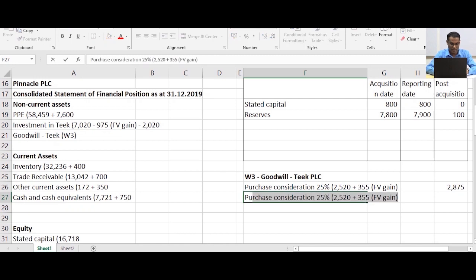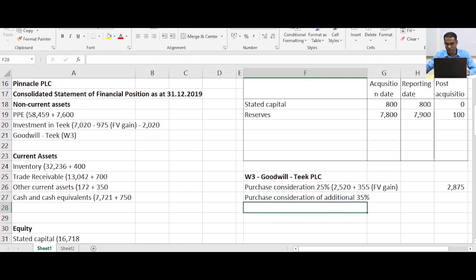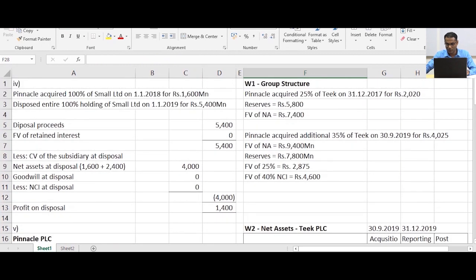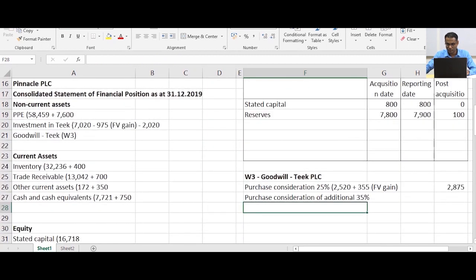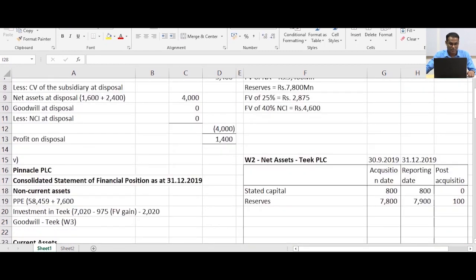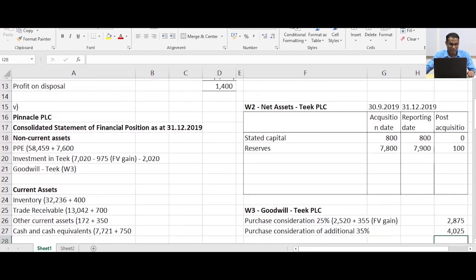So you can say purchase consideration of additional 35%, how much? Here 4025. Actually that is also included in the investment.